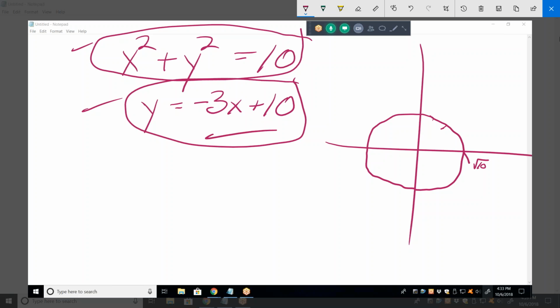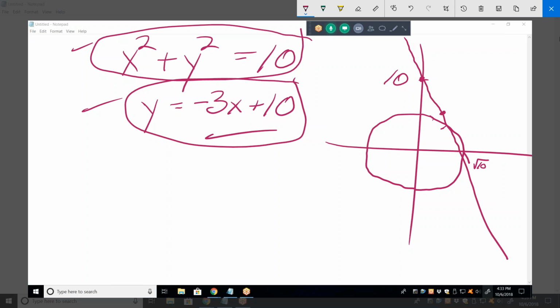Now, if I graph that, I know that the y-intercept is at 10, which is about up there. So it goes through that point. It's got a slope of -3, meaning I go down 3 over to the right 1. So I've got something that looks like this.